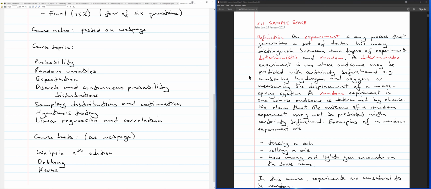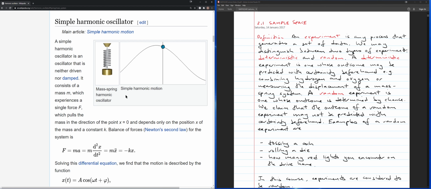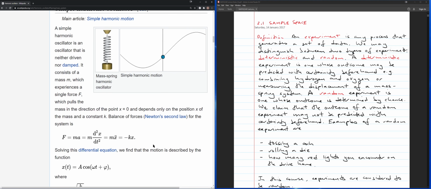For example, if you do an experiment where you mix, say, hydrogen and oxygen, then you expect to get water. Or consider a mass spring system. The displacement of your mass from your equilibrium position would be modeled by a differential equation such as this.